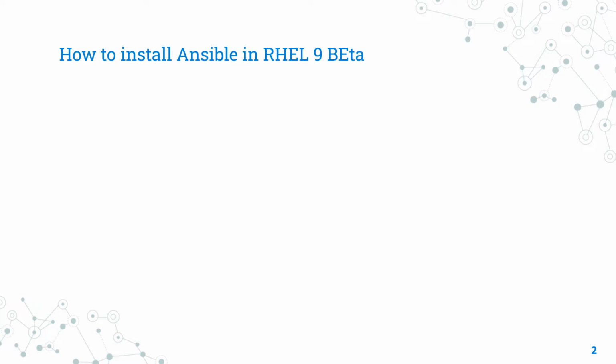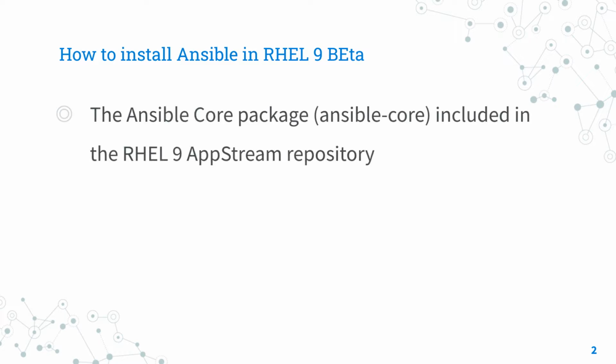Today we are talking about how to install Ansible in RHEL 9 beta. The good news is that the Ansible Core package, ansible-core, is included out of the box in the RHEL 9 AppStream repository.